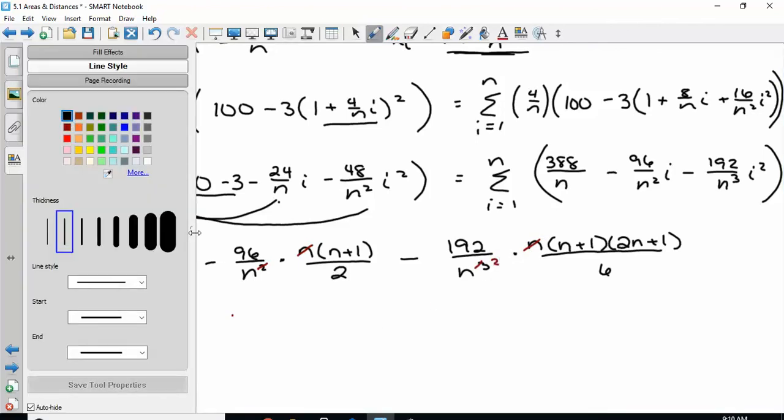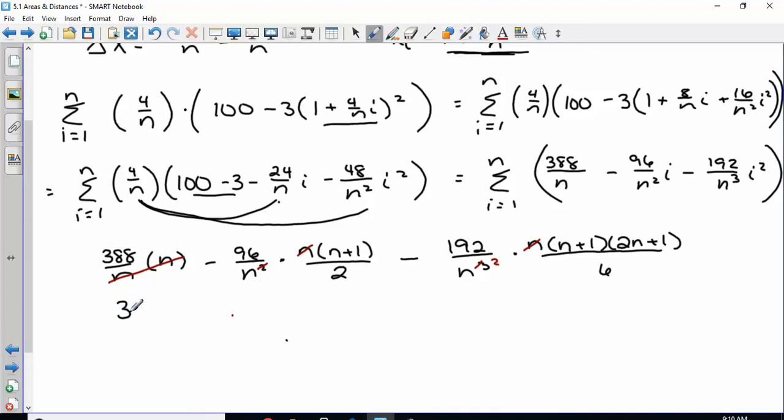So that gives me the 388. Okay, 96 divided by 2, we could reduce that as well, can't we? What would that give me? 48. So let's distribute, well, I'm going to write it like this.